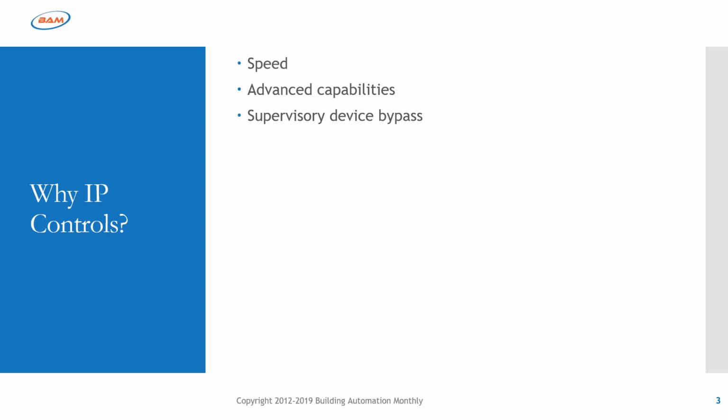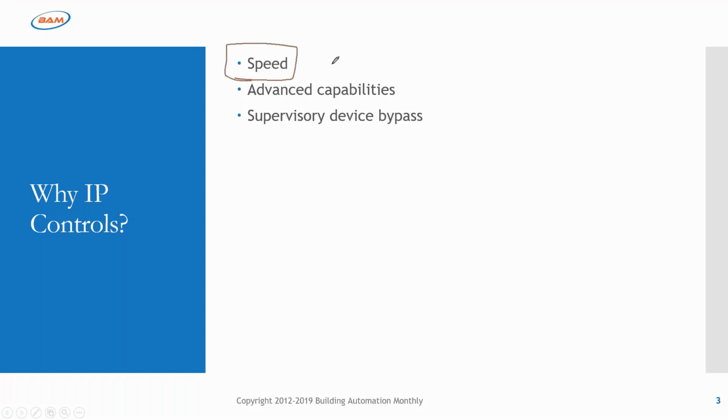That's more of a secondary controller. So when we're talking about IP controls, we're really talking about why BACnet IP over BACnet MSTP. The primary reason you will hear about utilizing IP controls is going to be speed.